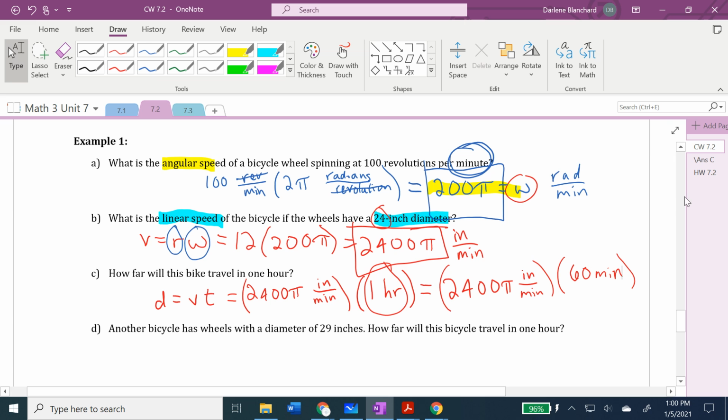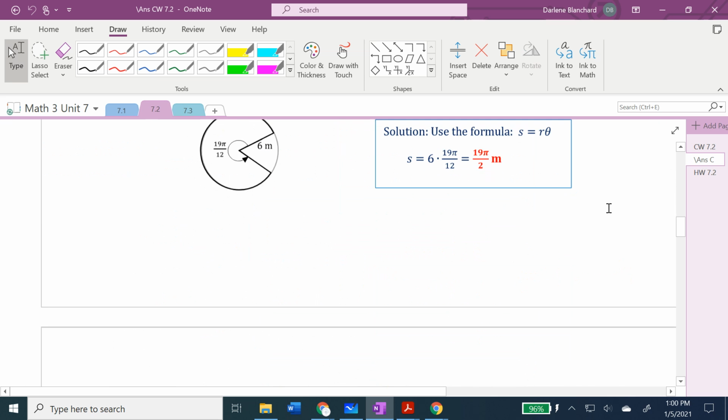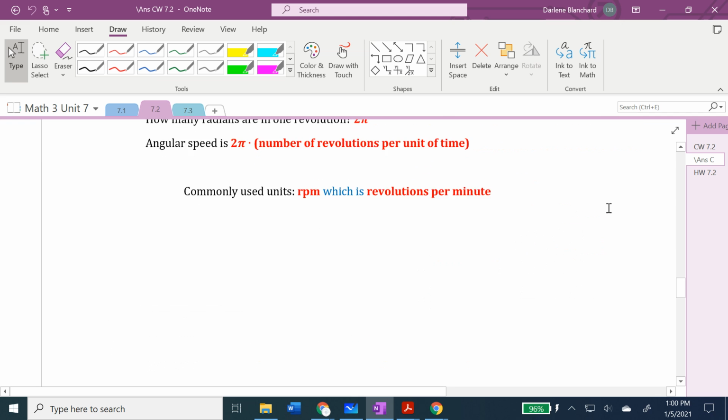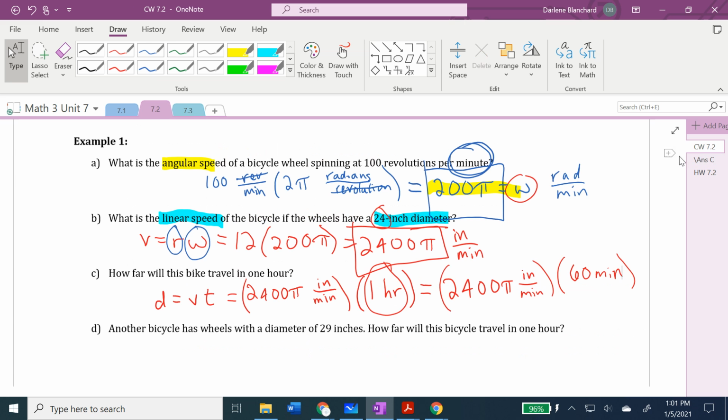Let me check my answer key and see if I messed up somewhere. I don't have the pi written in there. That might be the issue, a difference between having my answers in terms of pi versus decimal numbers. So let me change these numbers.